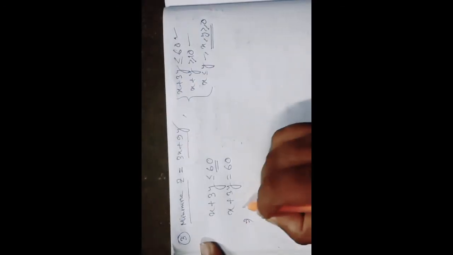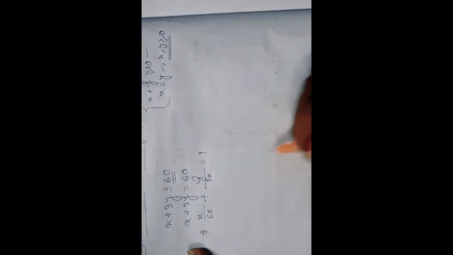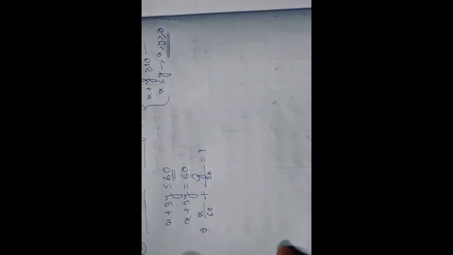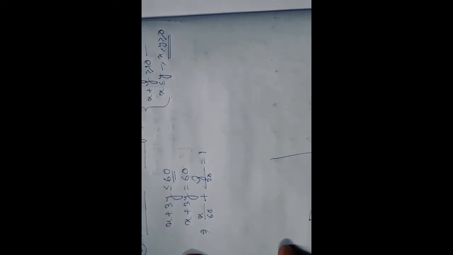This can be written as x by 60 plus y by 20 equal to 1. Now if we take a graph page, this is the graph. If we draw its graph, it will look like this. This is 60, 0 and this is 0, 20. Now we have to find the region.